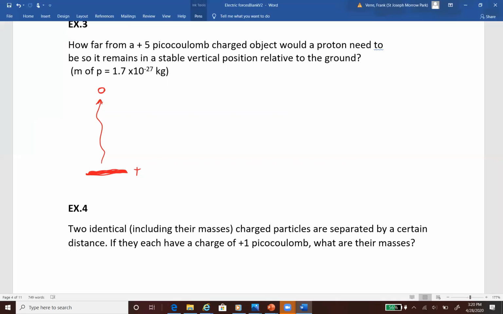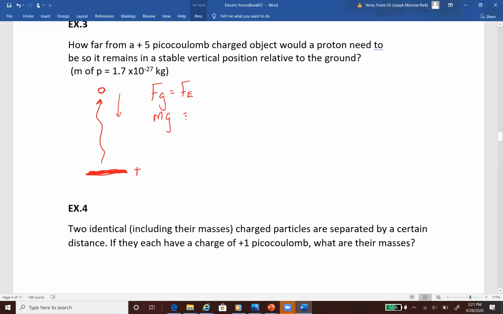Equal? Yeah, so we know gravity is going to want to pull the proton down. So we have two forces that must be balanced, right? The force of gravity and the electric force have to be balanced out. Now, the force of gravity, we know what that is. That's m times g, all right?